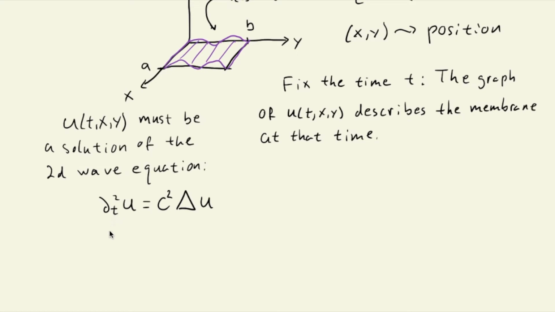We're going to impose the condition that u(t, x, y) is equal to 0 for all time t, for (x, y) in the boundary of the rectangle.